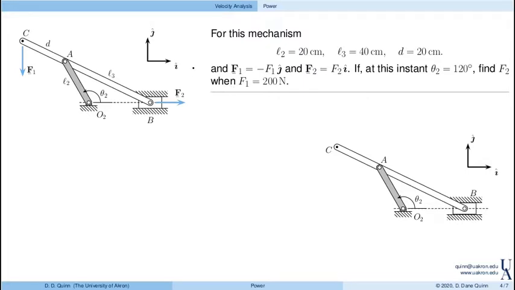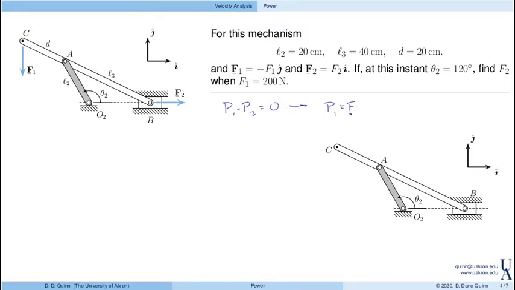But again, here in this problem, the external power vanishes. So P1 plus P2 has to be equal to 0, where we'll define P1 as the force. P1 here is a scalar quantity.